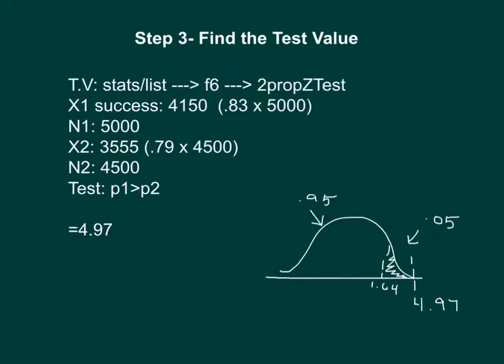And then for x2, we're going to write 3,555, which again we got by multiplying the percentage of boys bullied times the number that were interviewed. And then n2 is 4,500. And then we're going to enter the alternative hypothesis one more time and plug that all in, and we get 4.97.